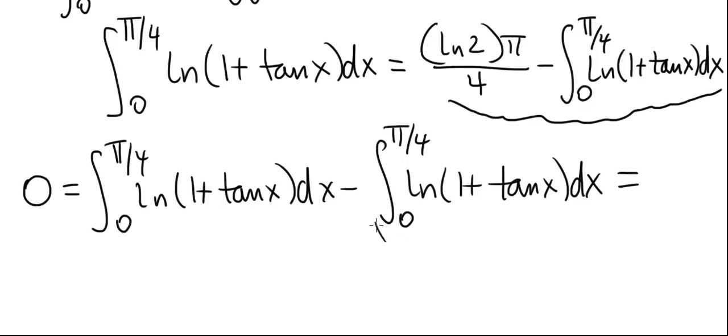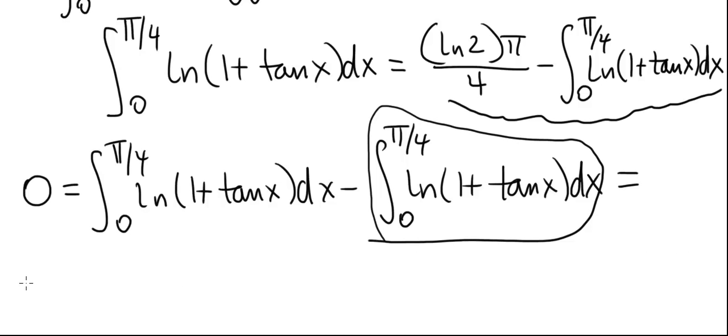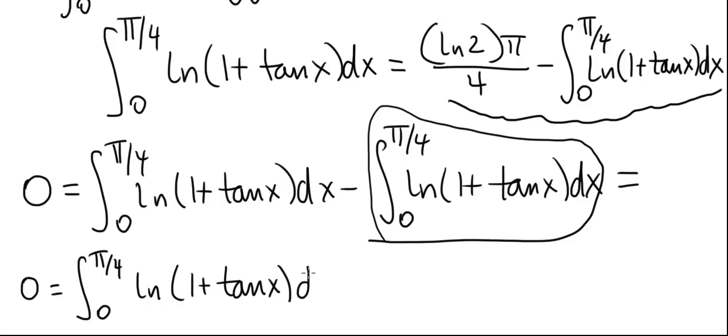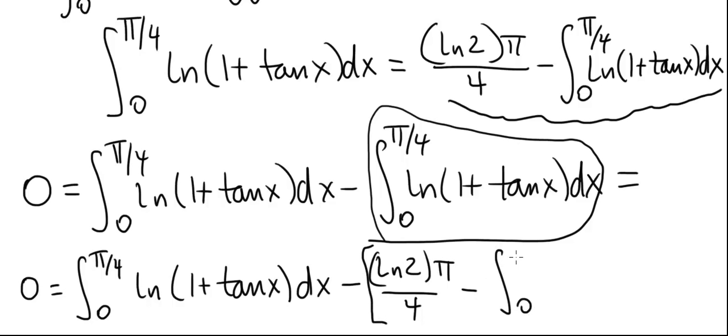So I'm going to replace the second integral with the expression right above it. So we have 0 is equal to the integral from 0 to pi over 4 of natural log of 1 plus tangent x dx minus, let's put this in brackets, natural log of 2 times pi over 4, minus the integral from 0 to pi over 4 of ln 1 plus tangent x dx.